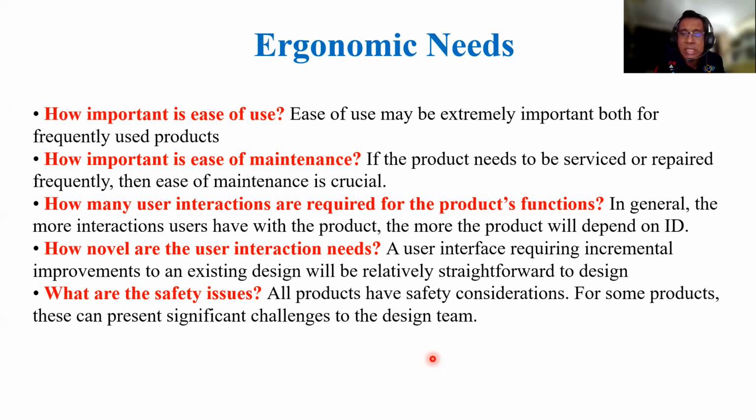For example, you can see the doorknob. We open the door, we use the doorknob. So it typically requires only one interaction. We just pull or push the doorknob to open the door.